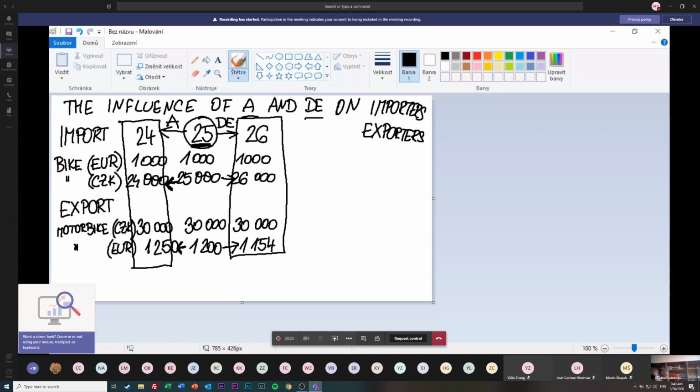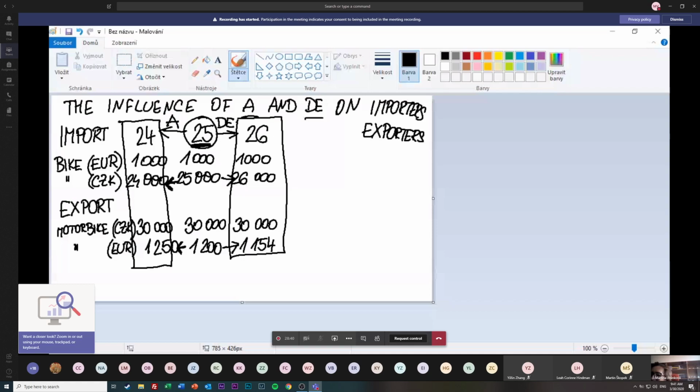So this is the basic situation, what you should understand if they are talking in news or somewhere on TV that the domestic currency is appreciation, depreciation, and so on. I would like to tell you one situation.